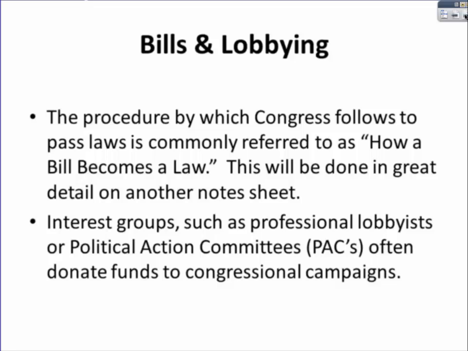They often donate funds to congressional campaigns. So therefore, a congressional leader who had been given money by a certain interest group is going to want to reward them by voting in a way that favors them.